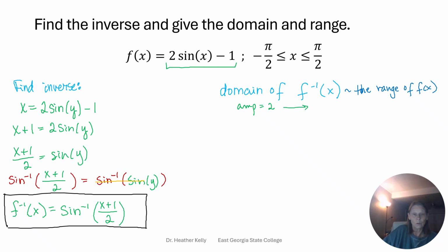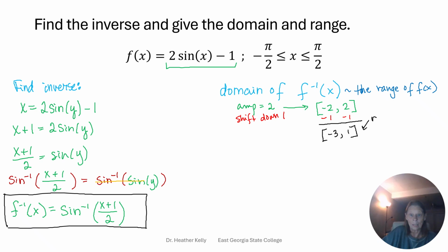So we'll start off with that. So the amplitude of 2 means that our values are going to go from -2 to 2. Now we also have a shift down of 1. So if I subtract 1 from each of these, I clean this up, then we can see that our range is from -3 to 1.